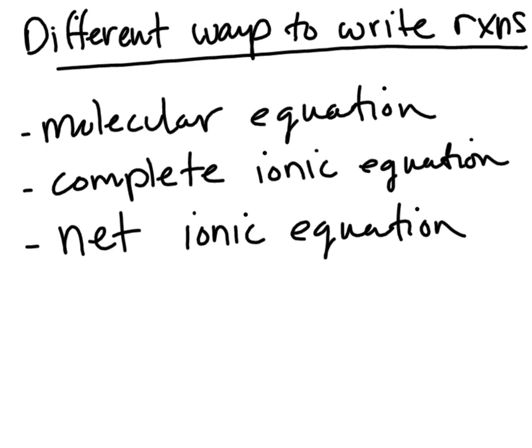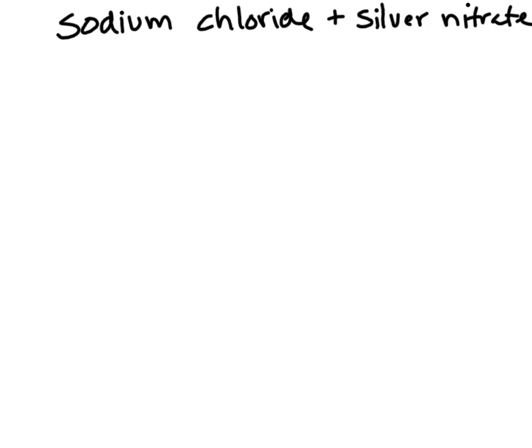So let's go ahead and take a look at an example. All right, let's take a look at sodium chloride and silver nitrate. The very first thing I'm going to do is the molecular equation, which I will write out as the whole reaction.